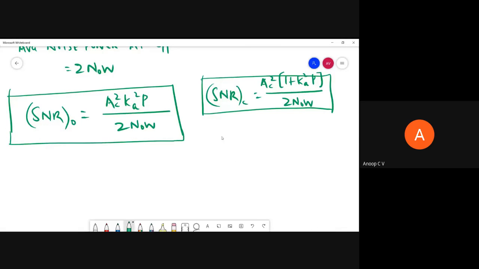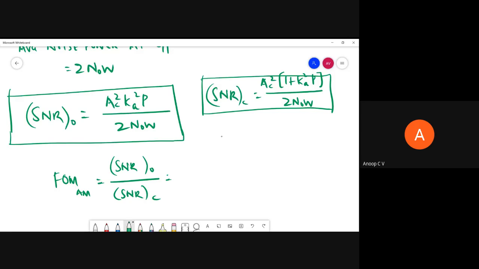So the figure of merit of standard AM is equal to the SNR at the output divided by the SNR of the channel. The 2 N naught W and 2 N naught W will get cancelled. Ac square and Ac square will also get cancelled.